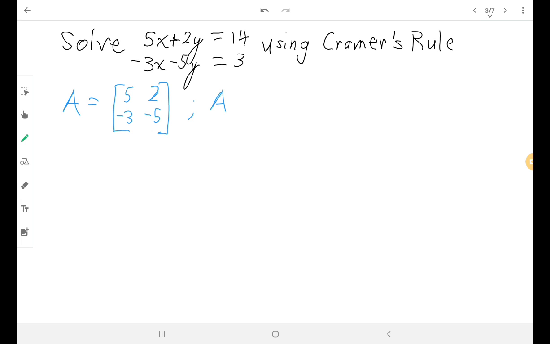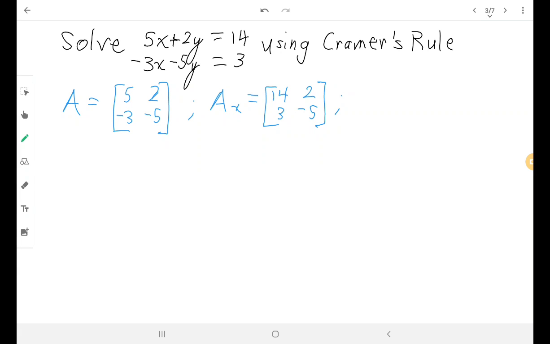Matrix A sub x then is replace these two with the answers right there. So the first column is 14, 3, and then copy the second column from A.